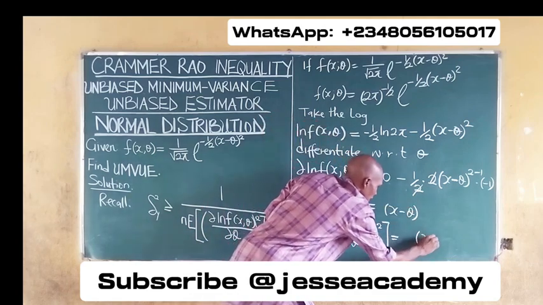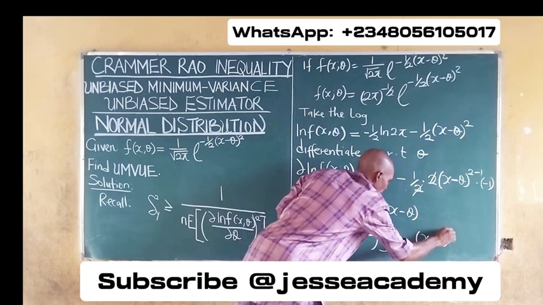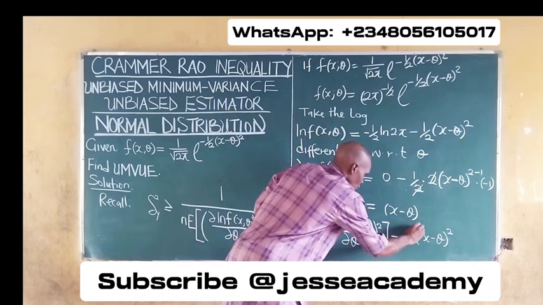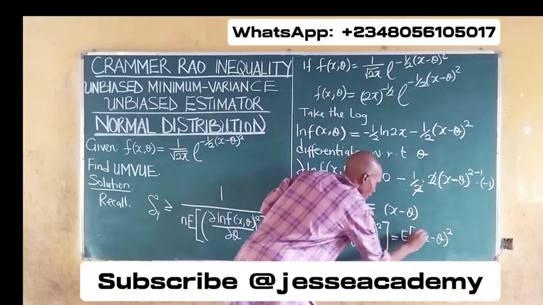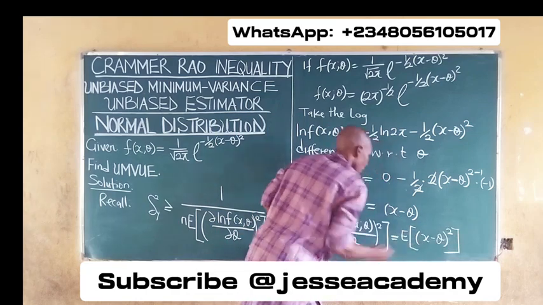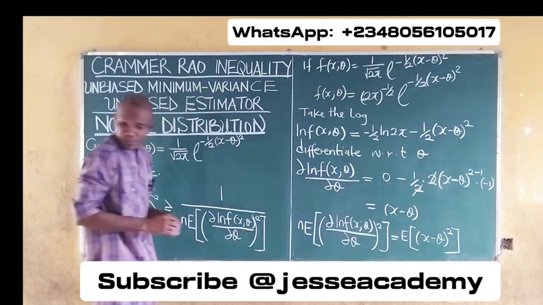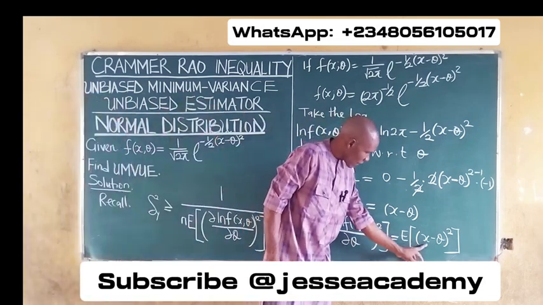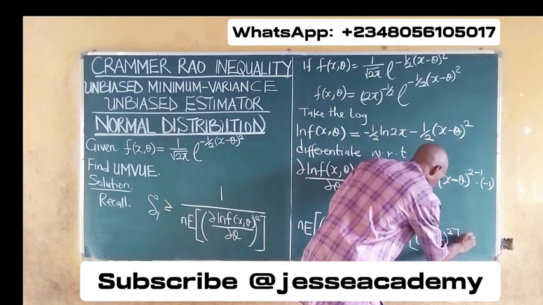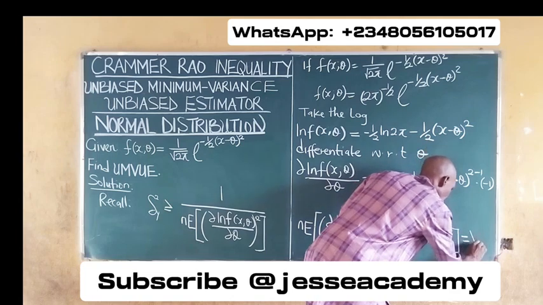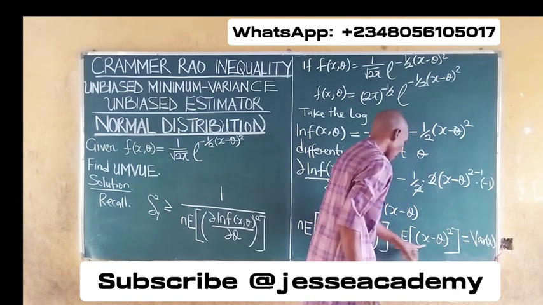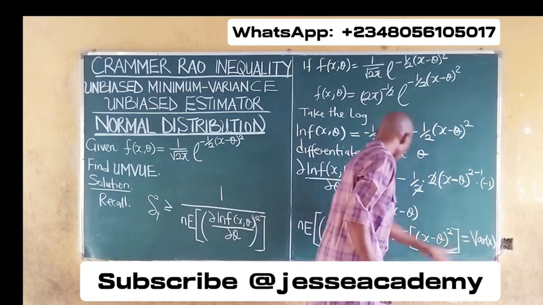We get x minus theta squared. We are also putting our expectation, which is the expected value of this. So now we know that the expected value of this is also equal to the variance of x. The expected value of the whole of this is equal to the variance of x.